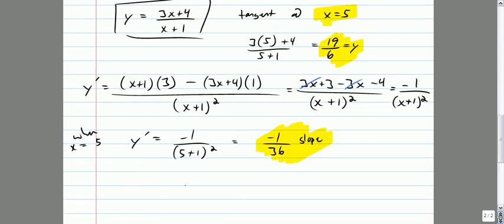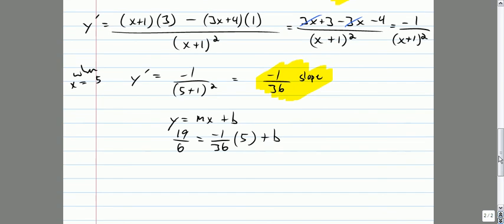So y equals mx plus b, 19/6 equals -1/36 times x of 5 plus b. I'm going to go ahead and multiply every term by 36.